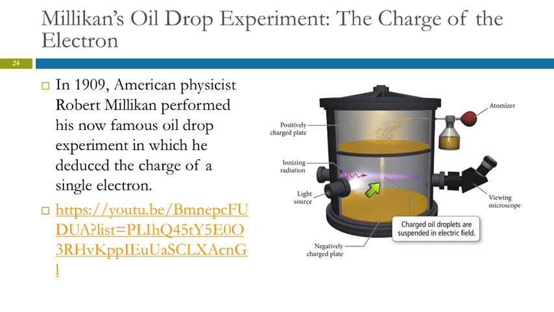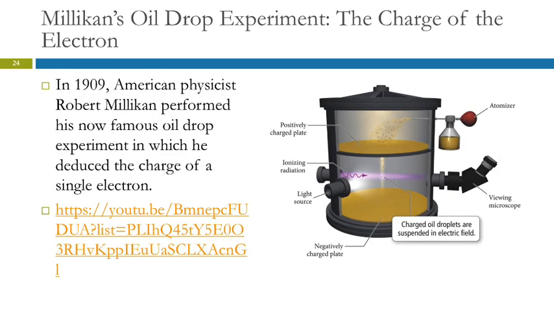They fall through the hole and then are hit by a beam of ionizing radiation, which causes them to be charged. So now these charged oil droplets are suspended in this electrical field between the positive plate and the negative plate down here. You adjust the difference in the charge here, and you can get the oil droplets to be suspended.